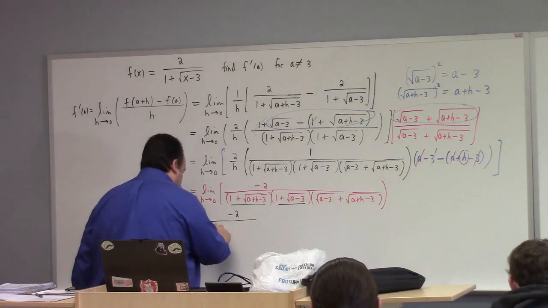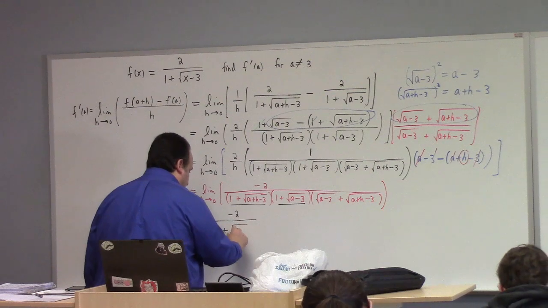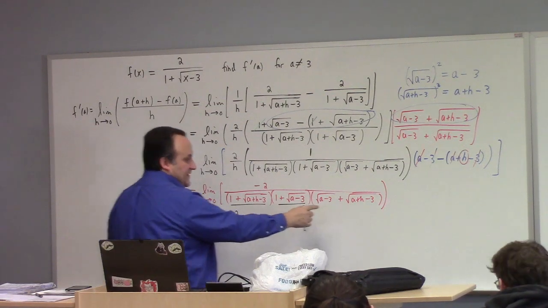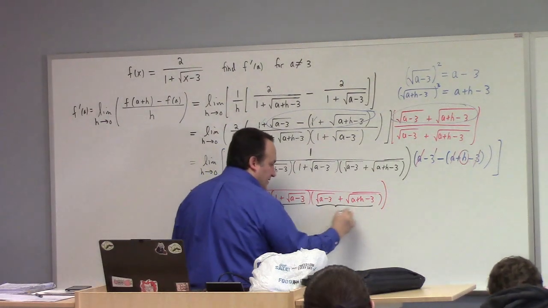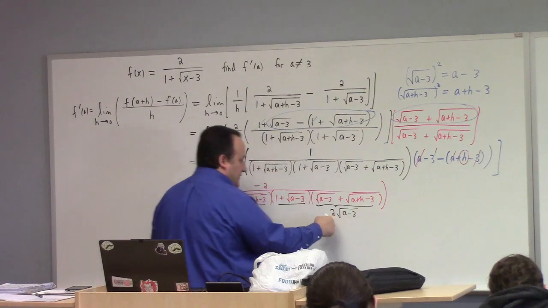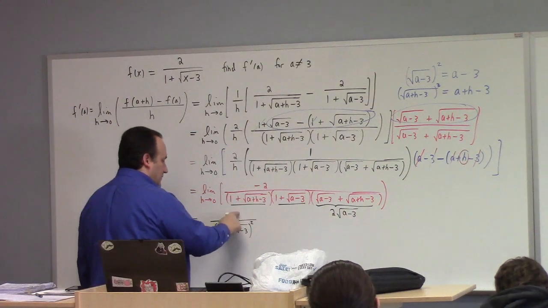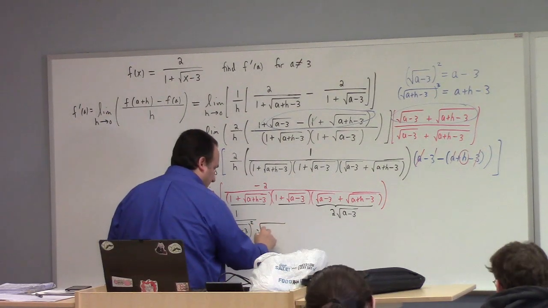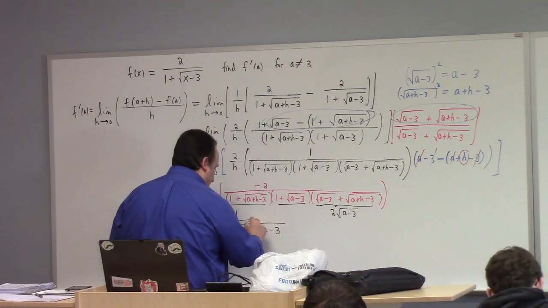So I get 1 plus the square root of a minus 3 quantity squared. But this actually becomes, in the limit, 2 times the square root of a minus 3. So that 2 and this 2 cancel, and you just get 1 over the square root of a minus 3 here.